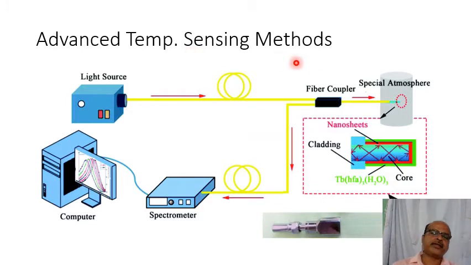Advanced temperature sensing methods. This optical fiber cable has very great importance in sensing. In today's research work, this optical fiber cable is used, and there is research going on this temperature sensor. So the light source is used as shown in this figure. We can use a fiber coupler, or also a circulator, and this is an optical sensor where the actual sensing takes place.